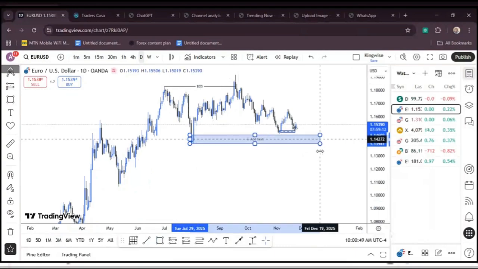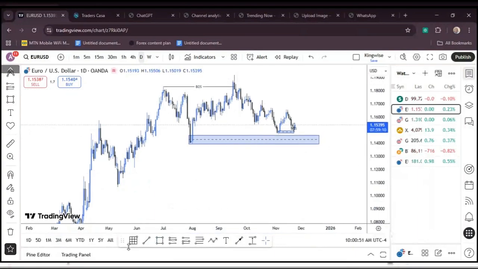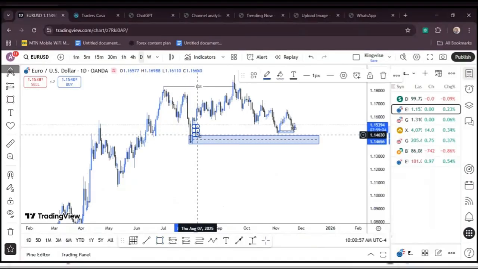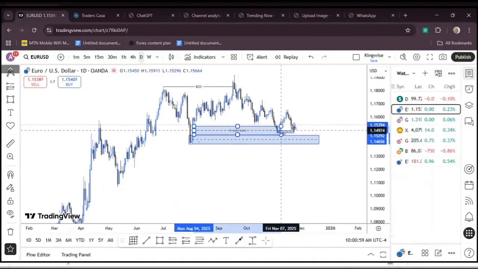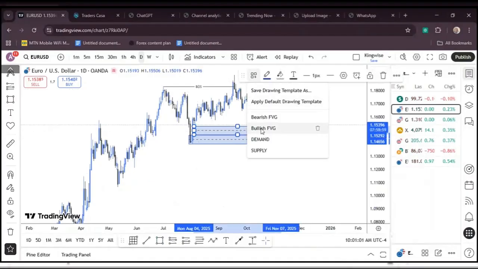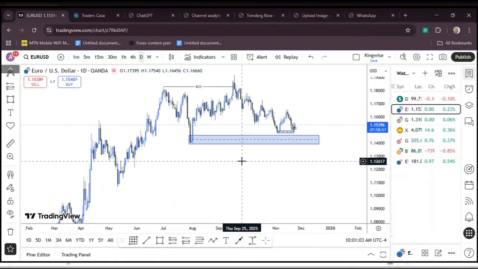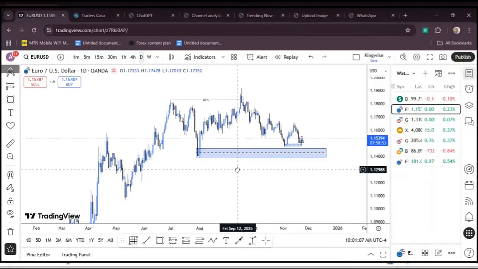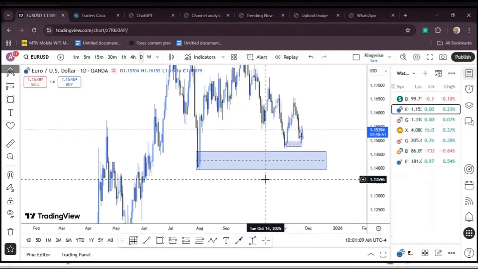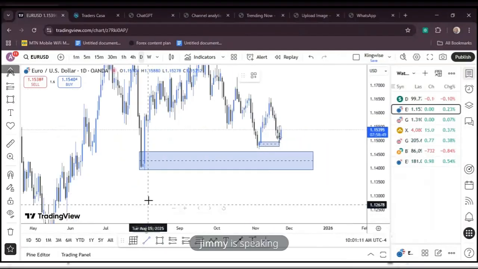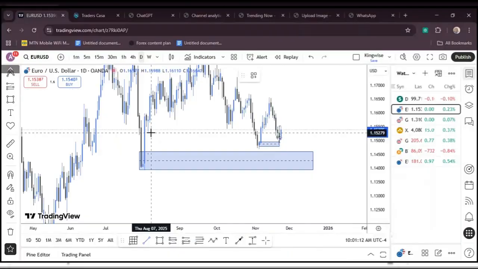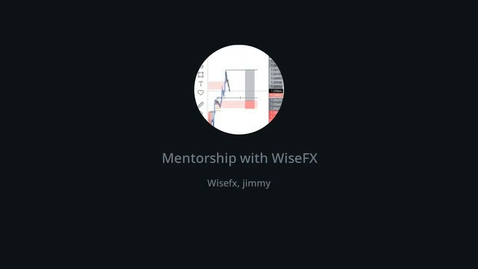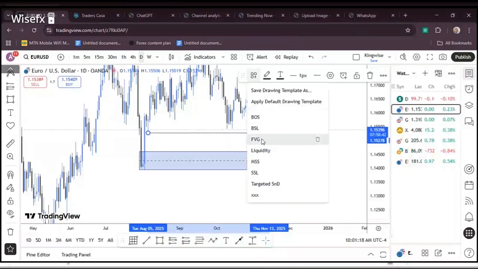Price has not tapped into that demand yet, but we have a fair value gap which price reacted from. That bullish fair value gap from here to here. I believe you still remember what the fair value gap means, right? So this imbalance we have here, price reacted from it.